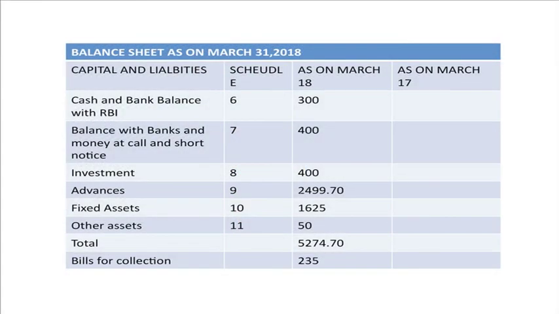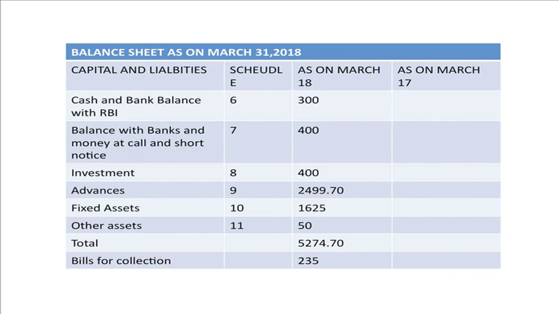Further, there could be additional adjustments in other questions where rebate on bills discounted is to be adjusted, provisions to be made on the assets, and assets need to be classified first. Since it is a simple example to understand the flow of preparation of different schedules and to place them properly against appropriate schedules to give a fair view of the balance sheet, we have taken up this example for our understanding.